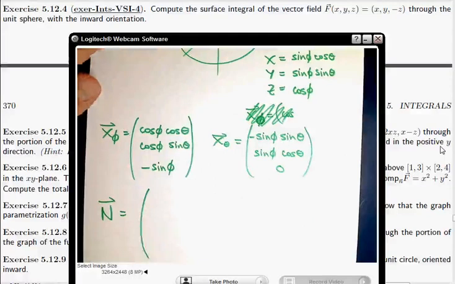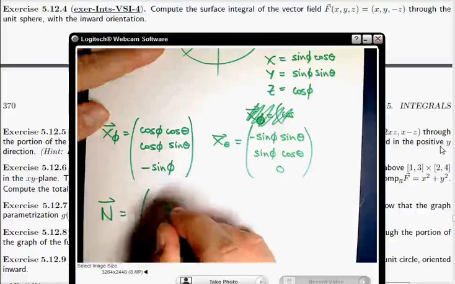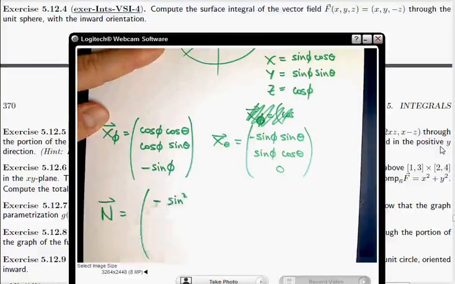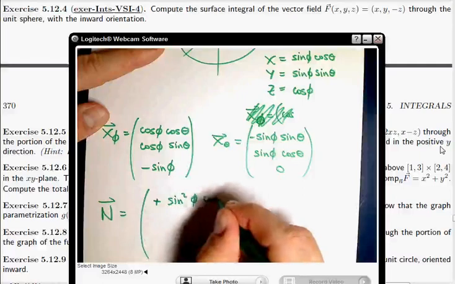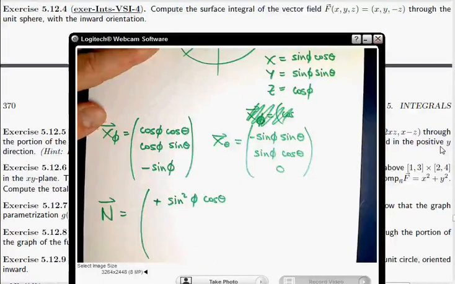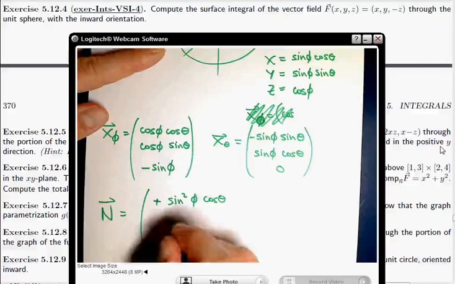Well, okay, let's see. This is going to be inconvenient, isn't it? Okay. I have negative sine squared. Oh no, the positive. Sine squared phi cosine theta. And then sine squared phi sine theta.